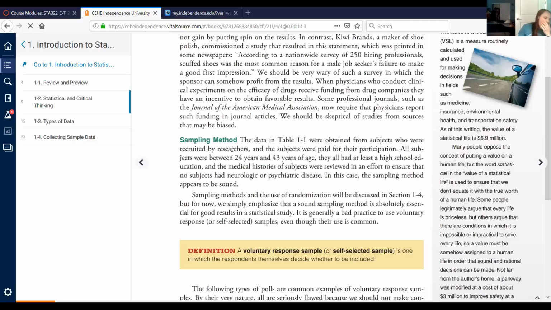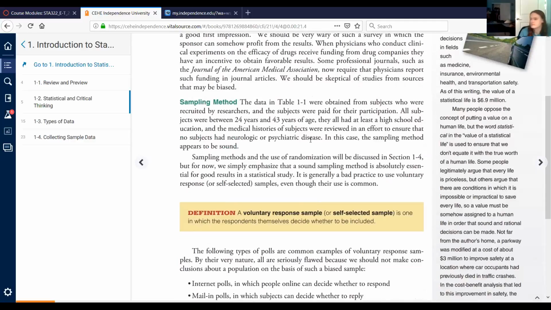All of them were within a relatively narrow range of age, although, again, IQ is dependent on age as well. At least a high school education and a medical history that cleared them of having any neurological problems.